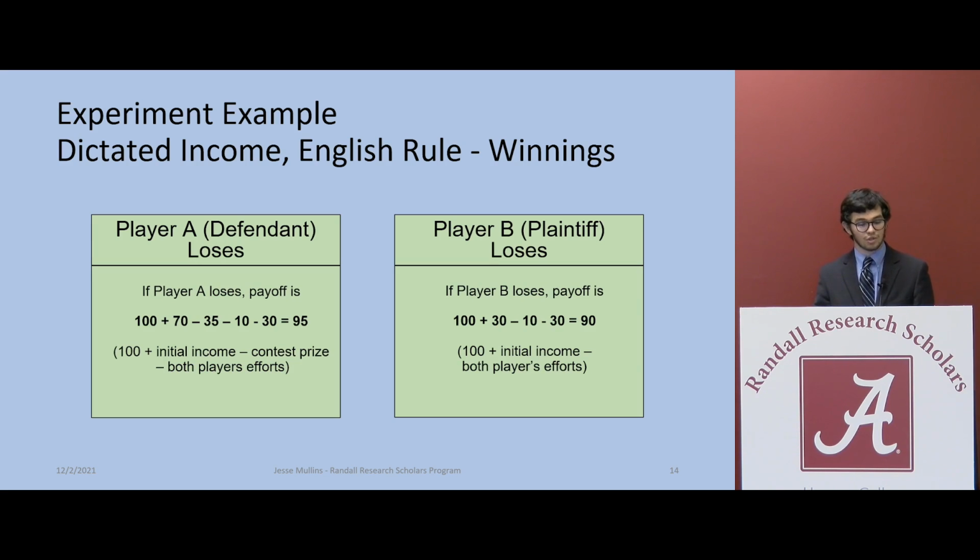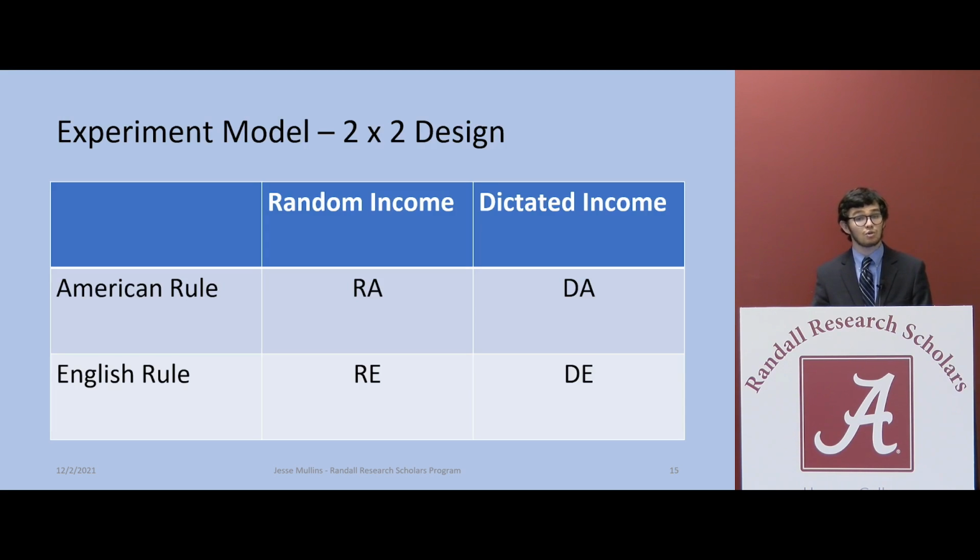If player A were to lose, they'd have that 100 initial wealth and the 70 income, but subtracted from it would be the losings of the case, those 35 points, and both parties' legal fees, since it's under an English rule system, which totaled to 40. And player B, likewise, were they to lose, would pay both parties' legal fees and fail to get the 35-point winnings for the case.